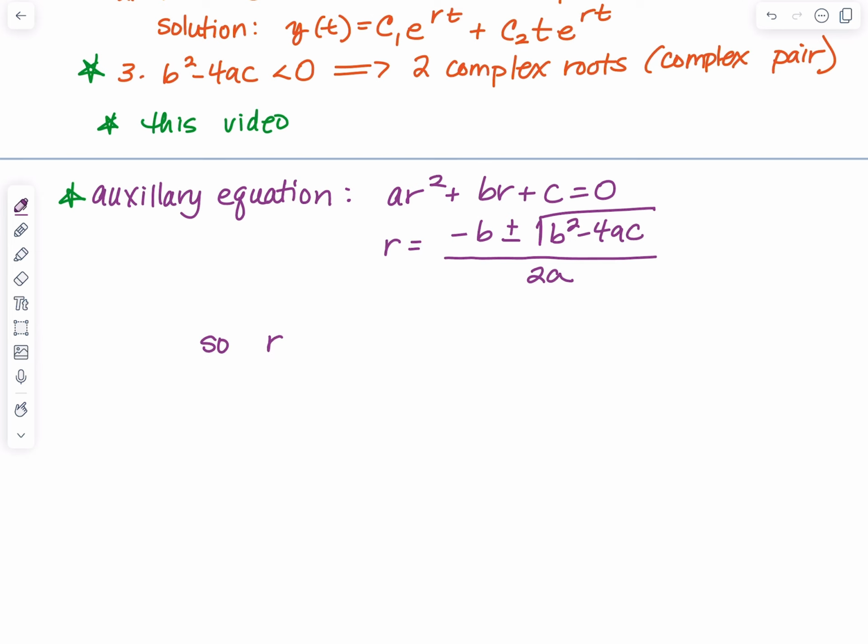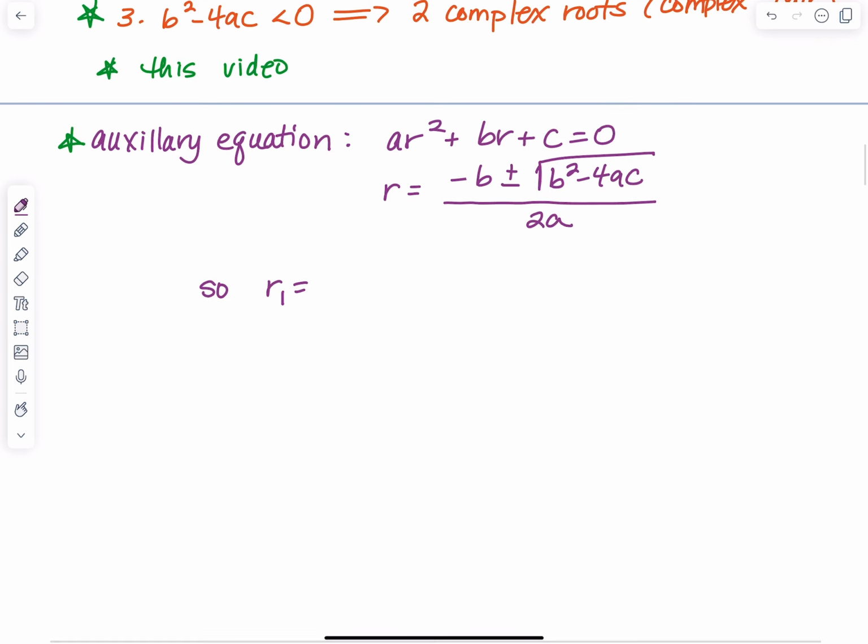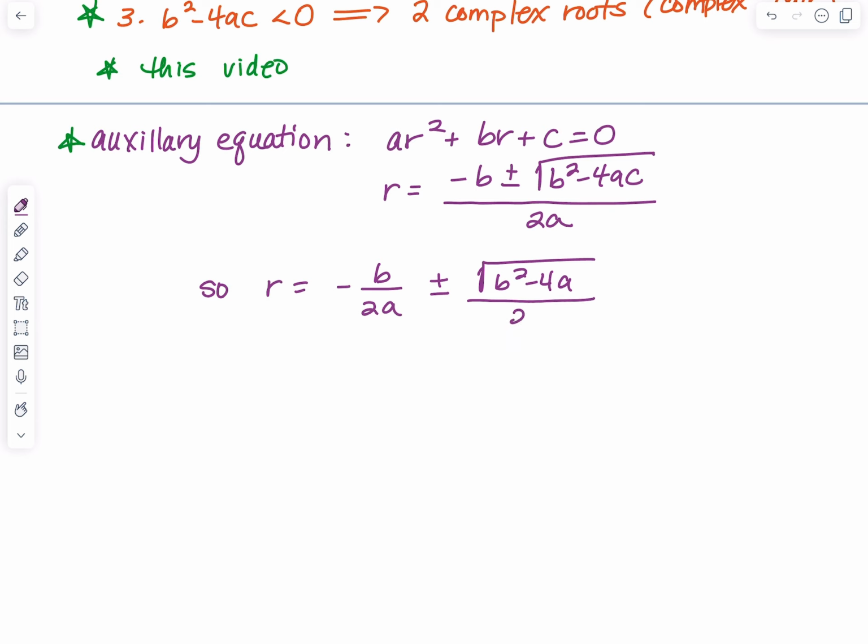So we could say that we have our two roots as the opposite of b over 2a, and we could say that we have our second root. Actually, let's just go ahead and simplify r and share that denominator. So we would have the real part, and then we could have this imaginary part. Let's look at it that way.